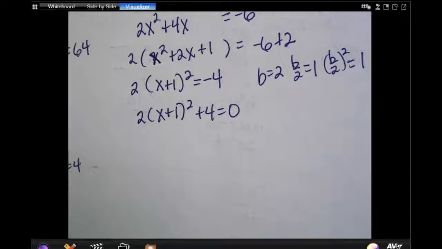Negative 1 and 4. And why is it negative 1 again? X's lie. That's why they're your x's. So what is the 2 on the outside? That's your stretch. It's bigger than 1. It's a stretch. Isn't that amazing?